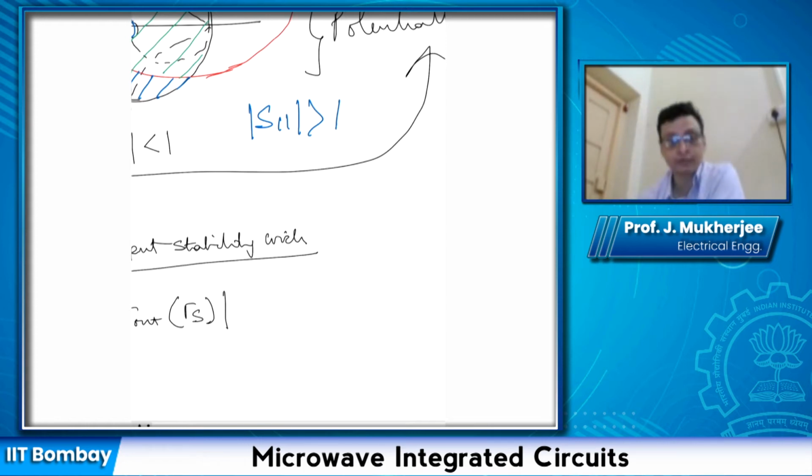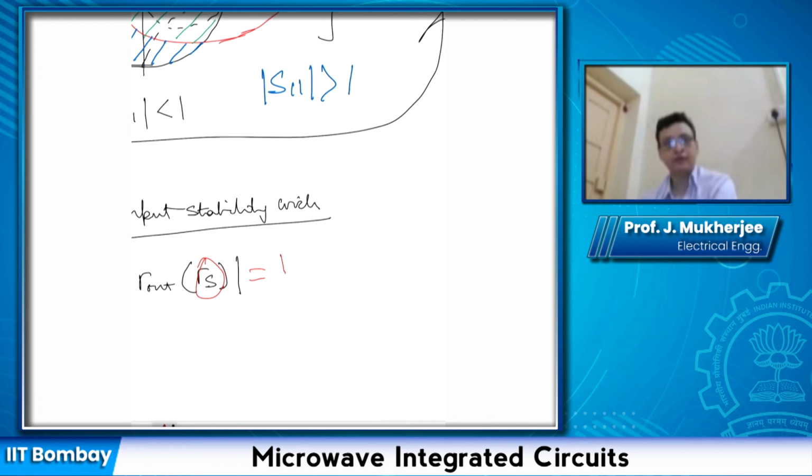Okay, so the input stability circle is on the gamma S plane. The locus of the boundary between the stable values of gamma S and unstable values of gamma S is given by this.